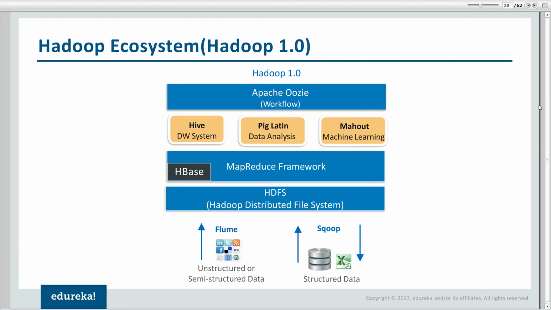What is my data storage system? HDFS. What are my different processing systems? MapReduce, Hive, Pig, Spark also I can consider.